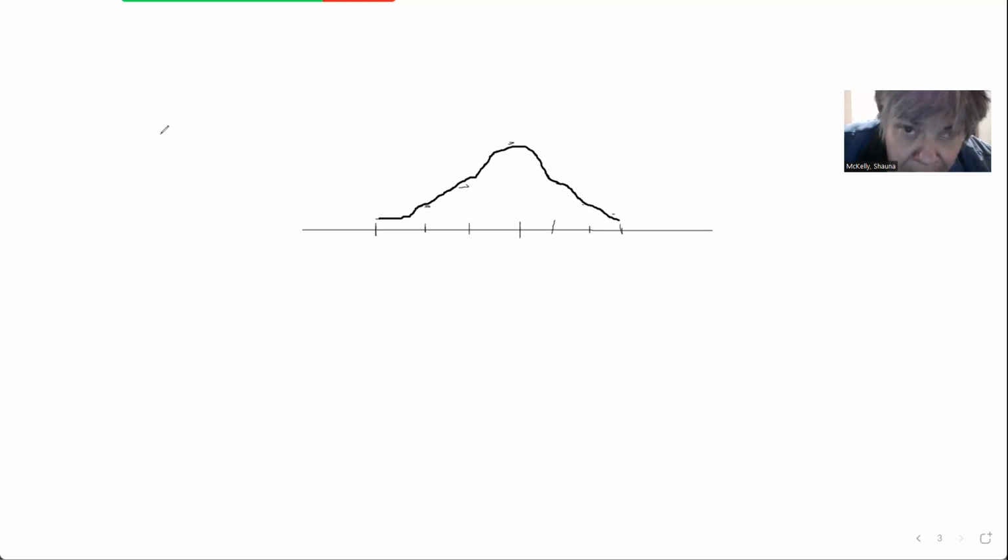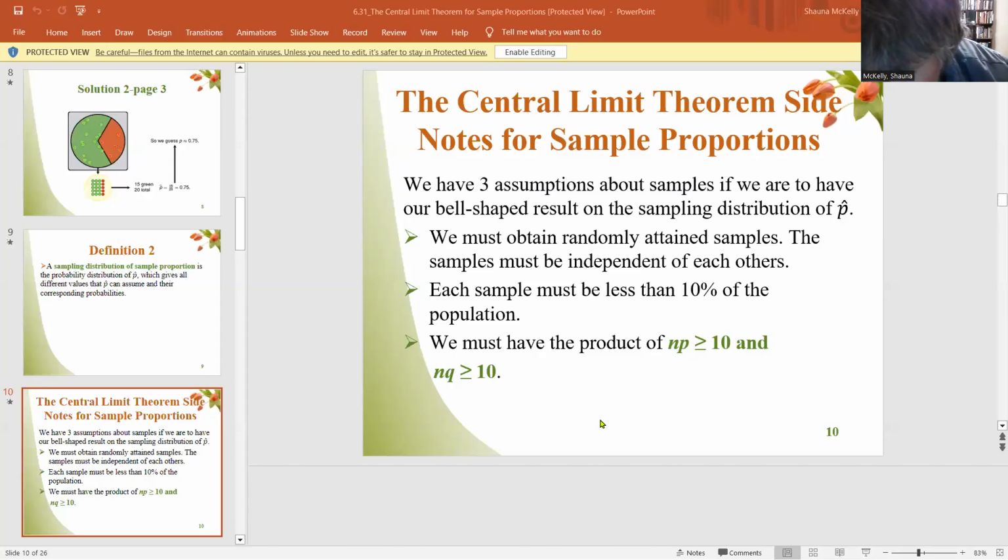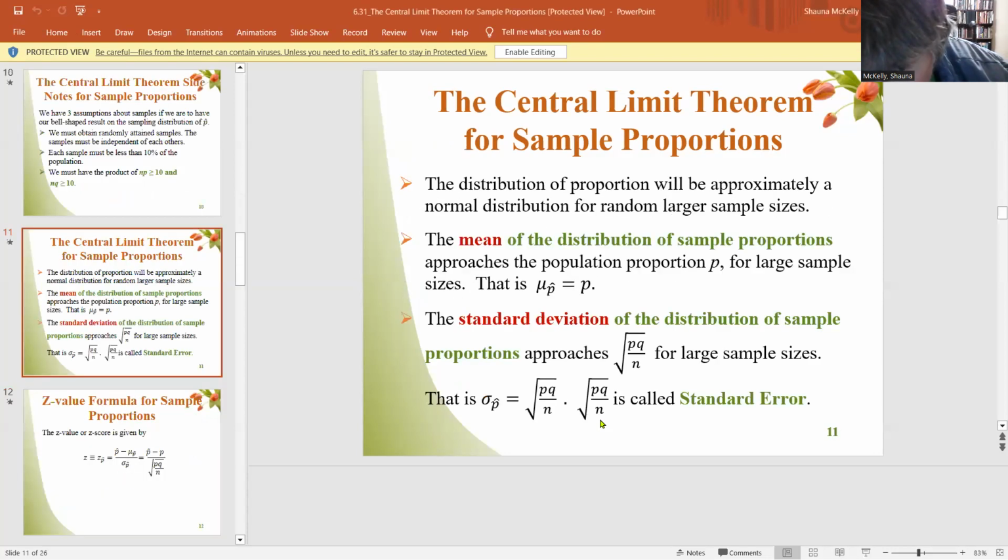Now, if you remember the properties, let's go back to that. So here we have, let's look at the properties, okay? We need to do a calculation here. These properties are going to be on the next slide, slide number 11, that the population proportion is going to equal the mean of all the sample proportions.